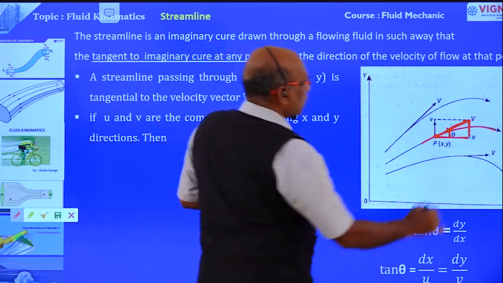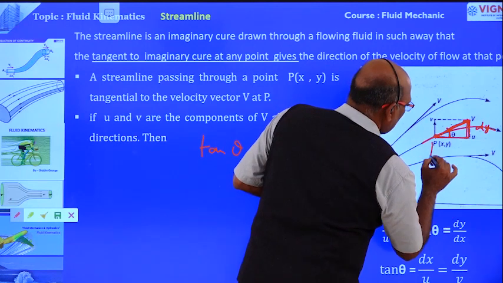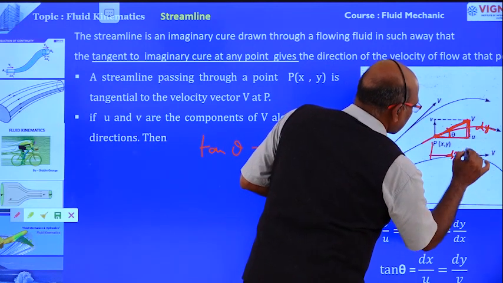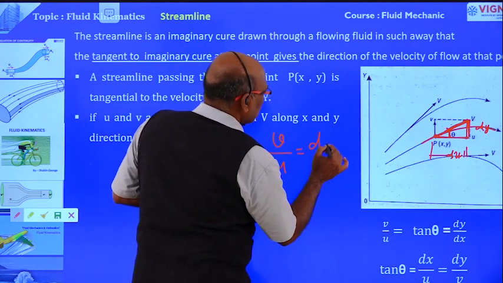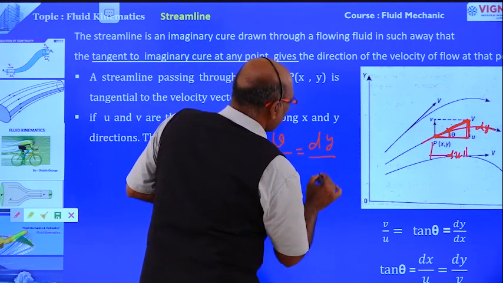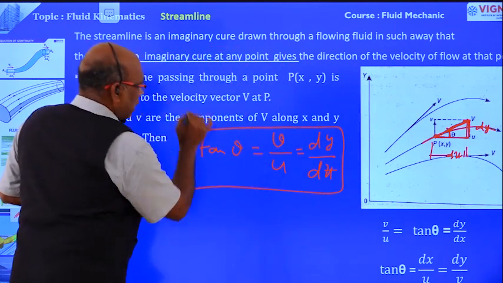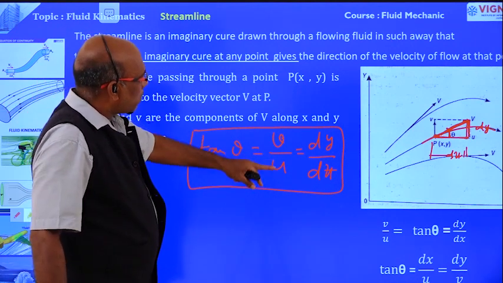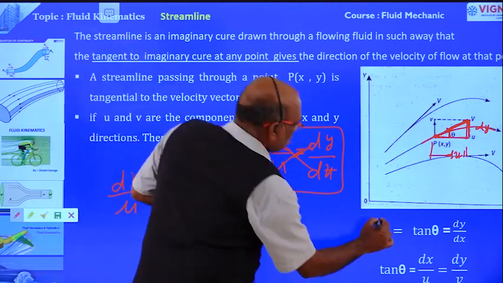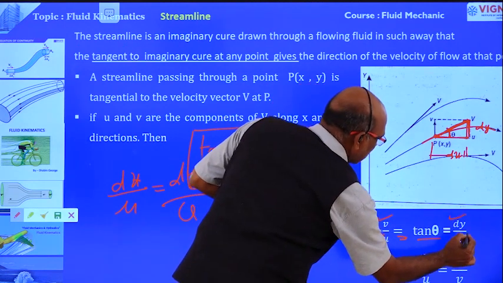This is also dy by dx. Right? Tan theta equals v by u, or dy by dx.